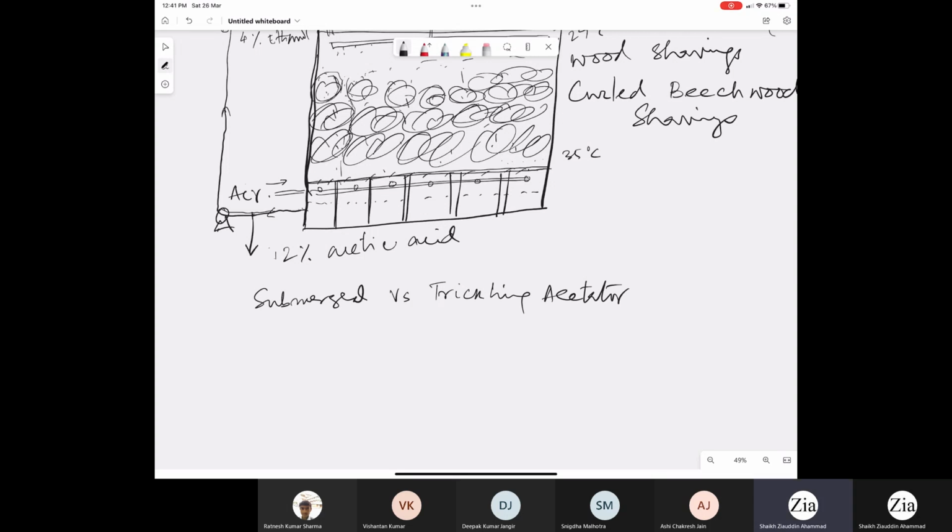Here, one is actually space. To produce the same amount of vinegar, submerged will require 1/6 less amount of space. Productivity is higher.